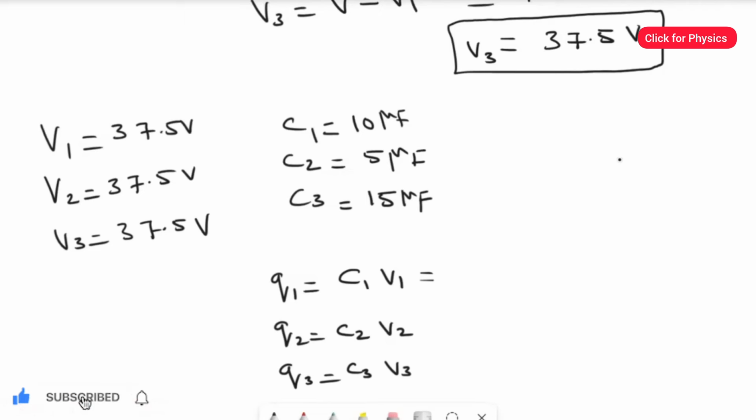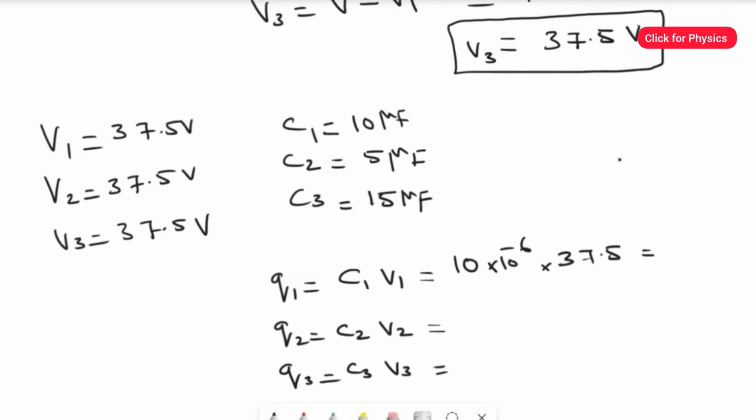Let's substitute the values to get the answer for Q1, Q2, Q3. So C1, 10 multiplied by 10 power minus 6, multiplied by 37.5.